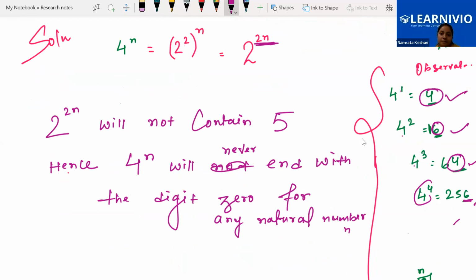Can you see it is repeating the pattern of end digit as 4, 6, 4, 6, 4, 6, 4, 6? Getting it? Let me write 4 to the power 5 also.